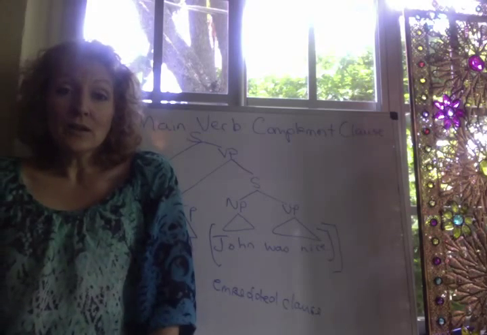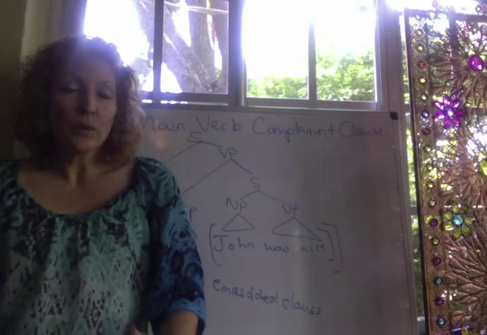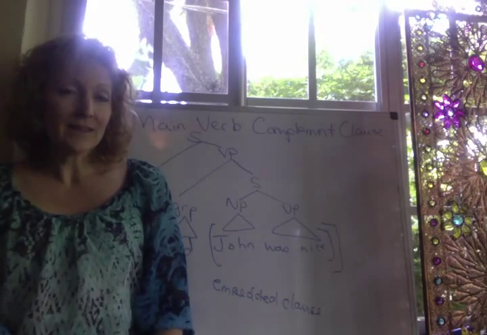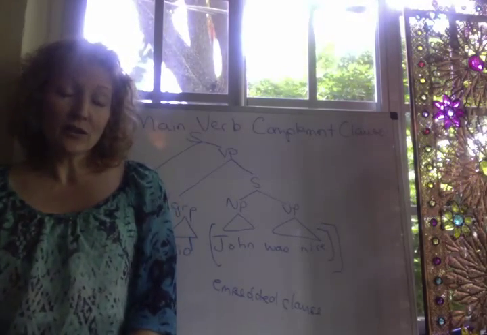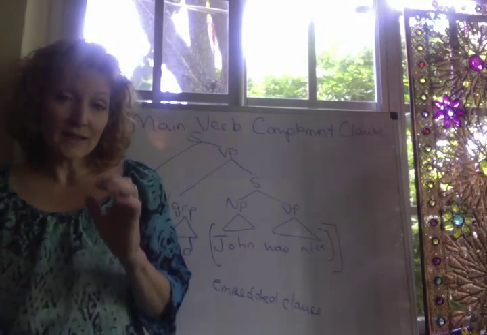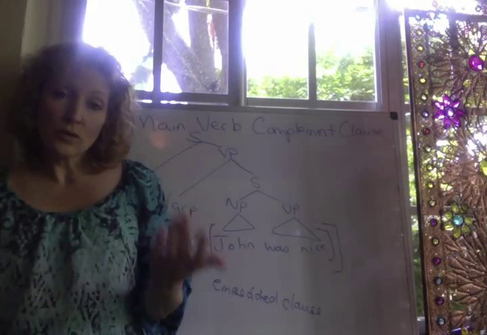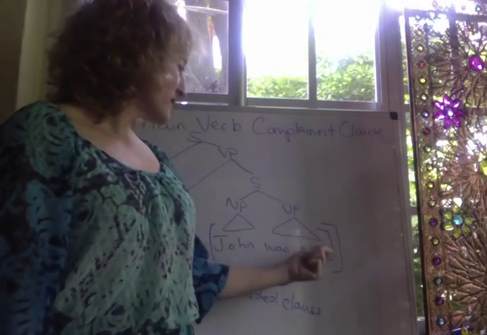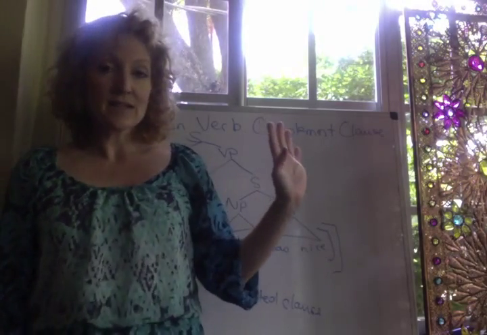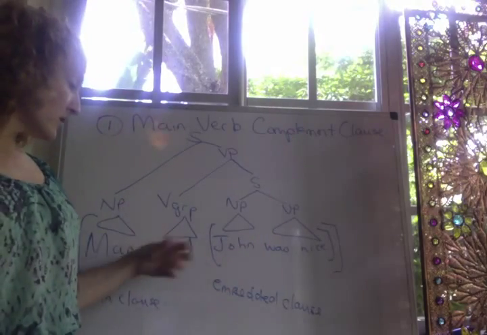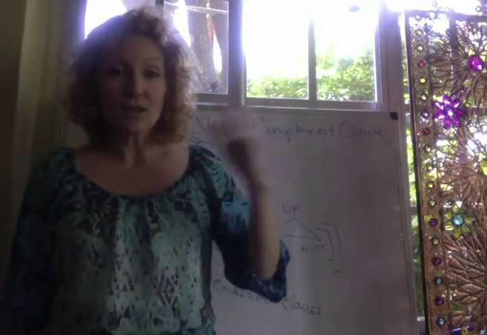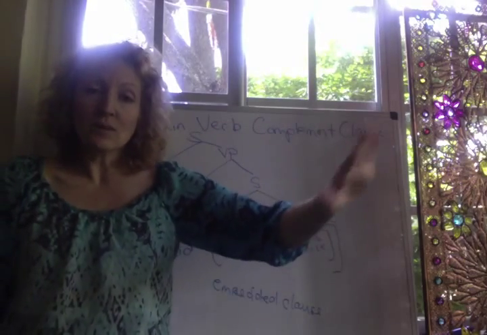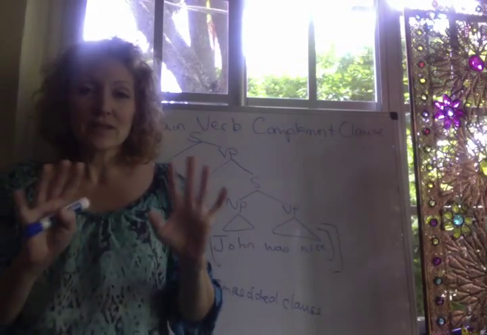But in English, for whatever reason, we get to have two different ways of expressing the embedded clause. You can either have that word that at the front of the embedded clause, or you can leave it out. So Mary said John was nice. That sounds like a fine sentence. Or Mary said that John was nice. That's also a fine sentence. Depending upon your mood, you might say it one way, you might say it the other way. It doesn't have any difference in meaning.